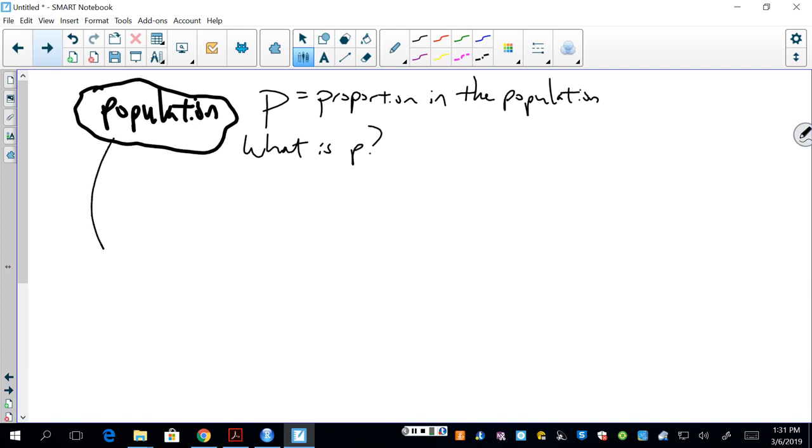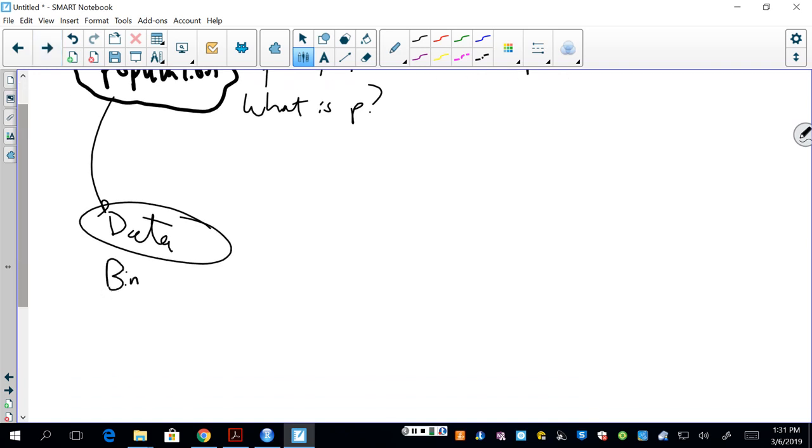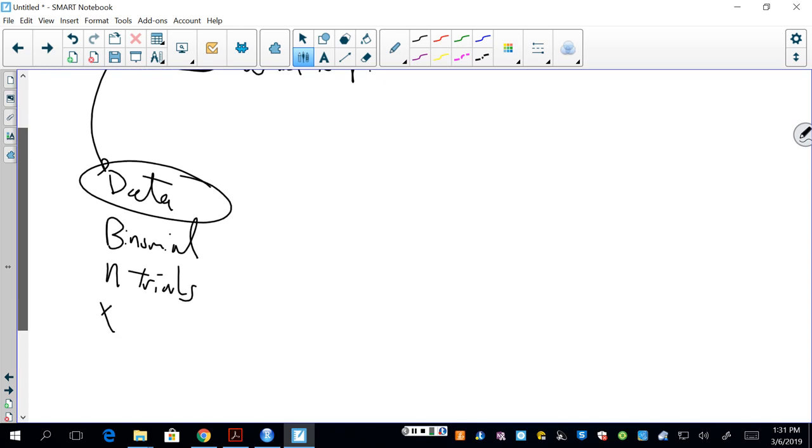So we do something to gather data, and it's really like a binomial experiment. In n trials, X equals the number of cases that have that characteristic. And so you can take that number of times out of n and turn it into a sample proportion.